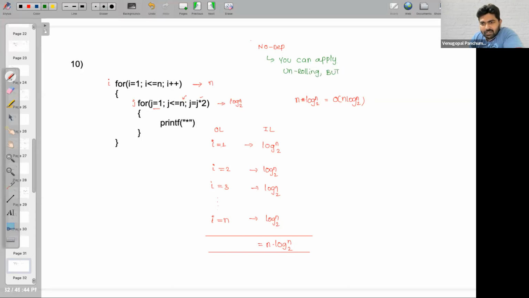You can simply multiply, but it is not required.